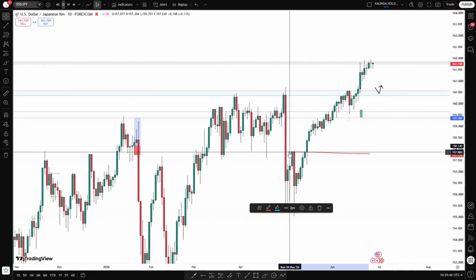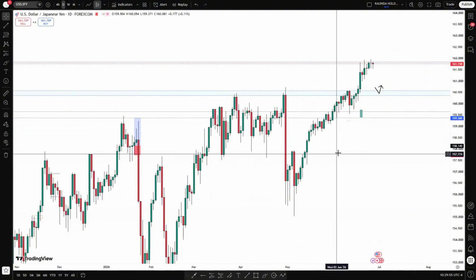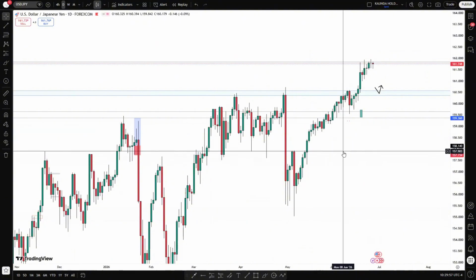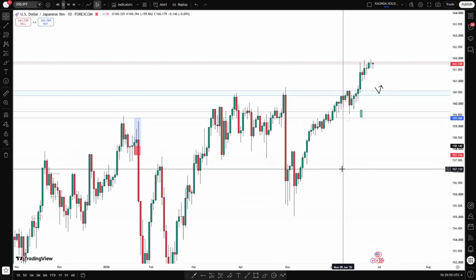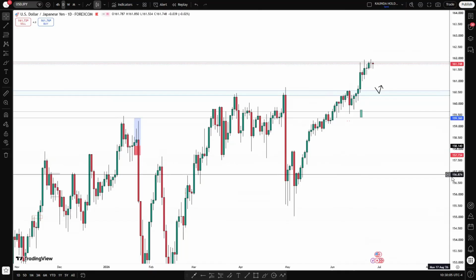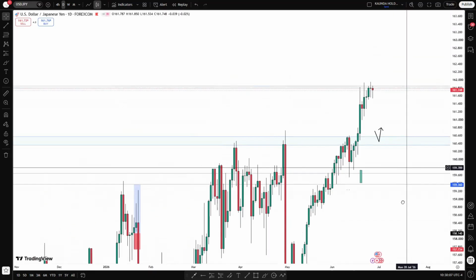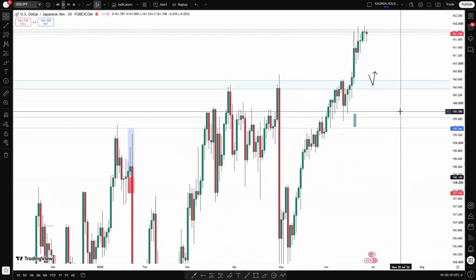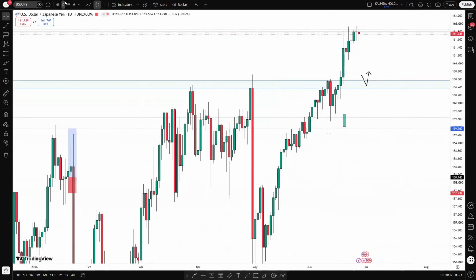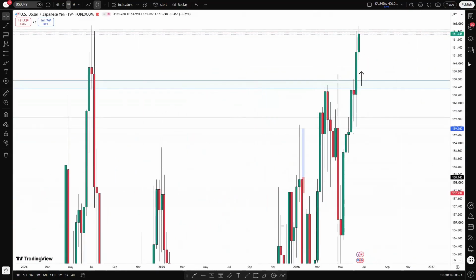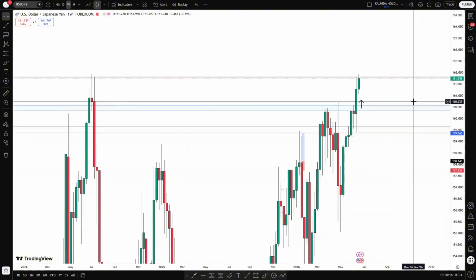What we need is price to come back here. Then in this case, this is the daily time frame, right? Oh, that's the weekly, sorry. The weekly time frame, it's now clean.